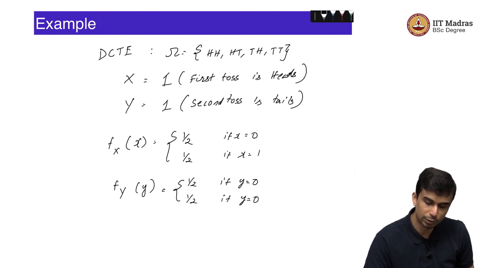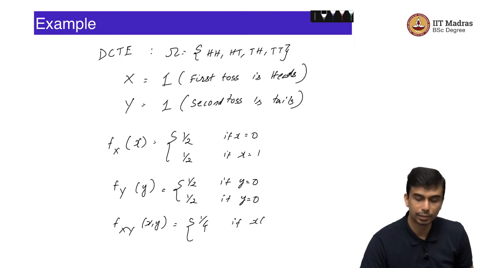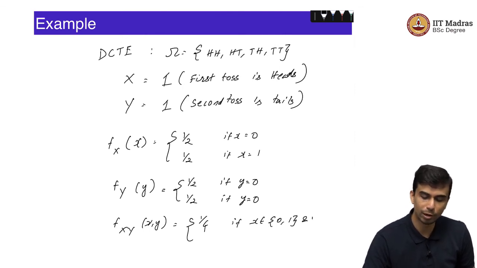Similarly, fy of y is also equal to half if y is equal to 0, half if y is equal to 1. What is the joint? Well, fxy of x comma y is equal to 1 by 4 if x belongs to 0 comma 1 and y belongs to 0 comma 1.